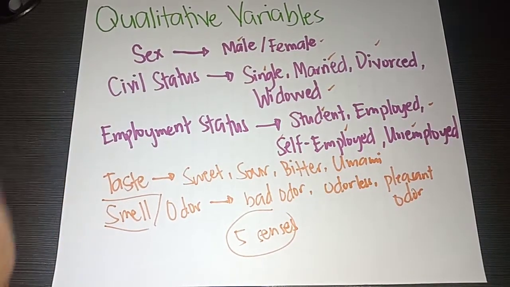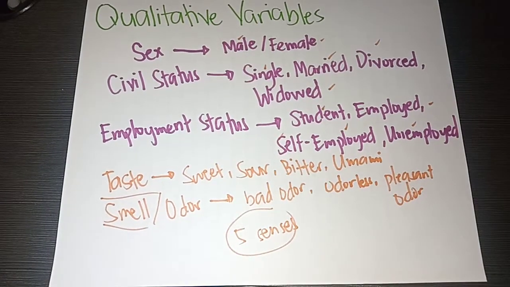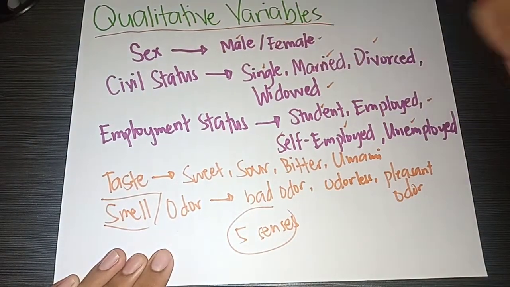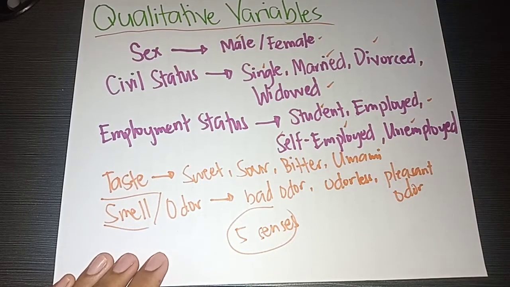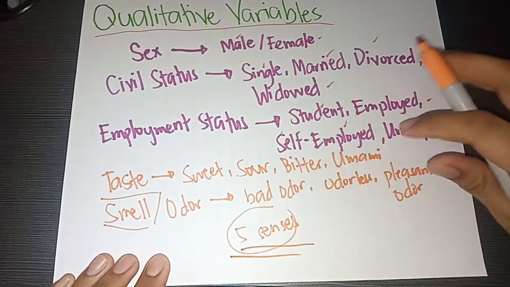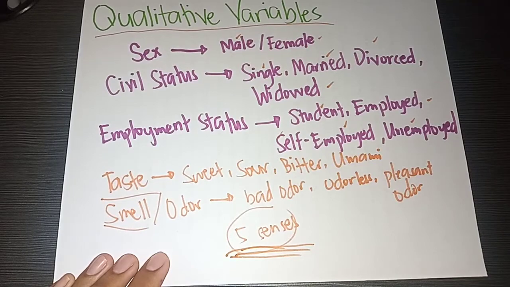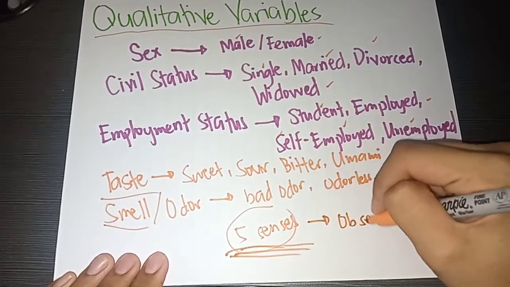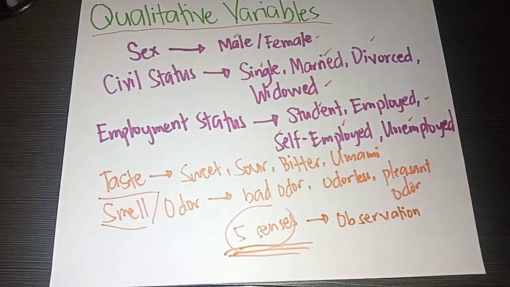So we use the sense of sight, the sense of hearing, etc. So qualitative variables are those variables that can be observed, or that can be determined through the use of our five senses. And when we use our five senses, what method is used? The method of observation.